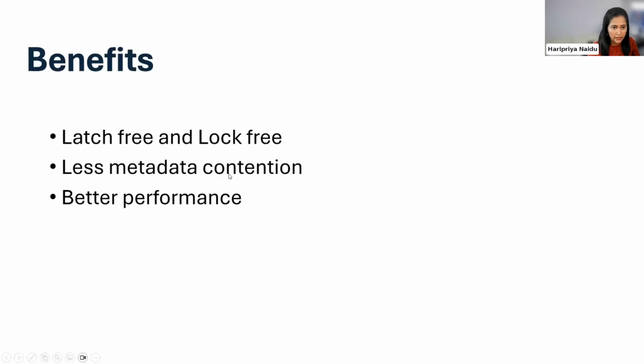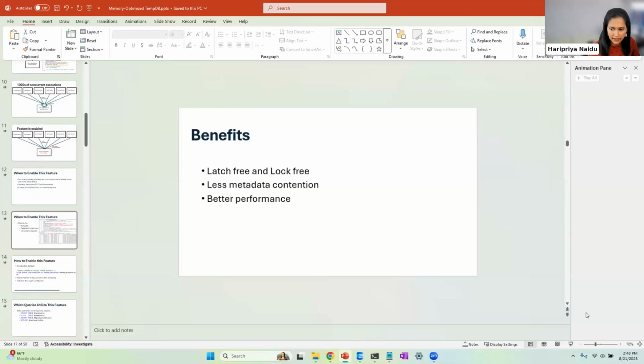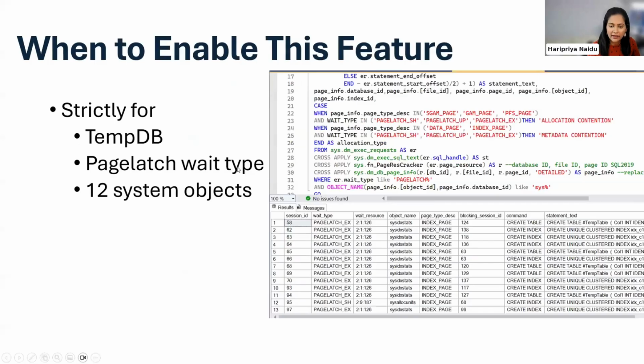If you want, I can quickly go back to this. Where was that? Yeah, I think this is the one we saw. I have to switch this again. Give me a second. So when you have page latches on TempDB database ID 2 on any of the 12 system objects, then it is metadata contention, and that's when you will enable this feature.